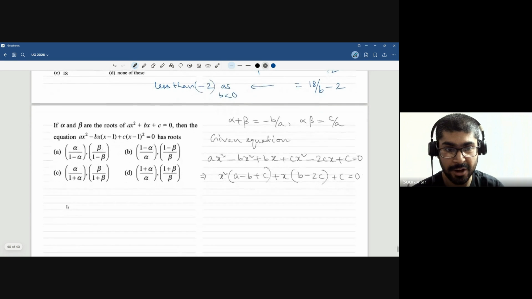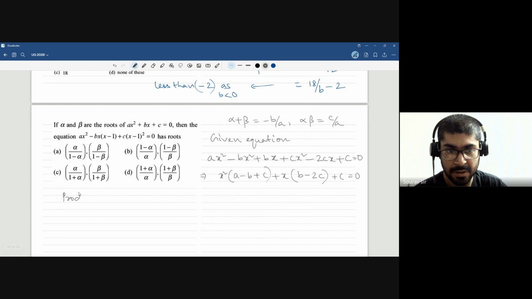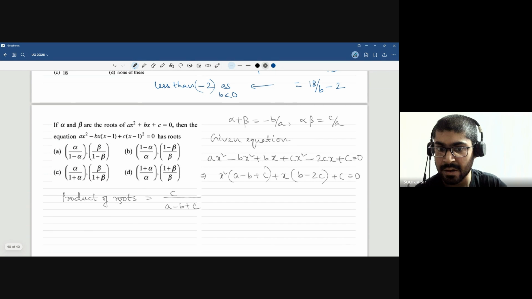Now look into the product of roots here. So product of root is c by a minus b plus c, right? Divide everything by a. So you'll get c by a over 1 minus b by a plus c by a.